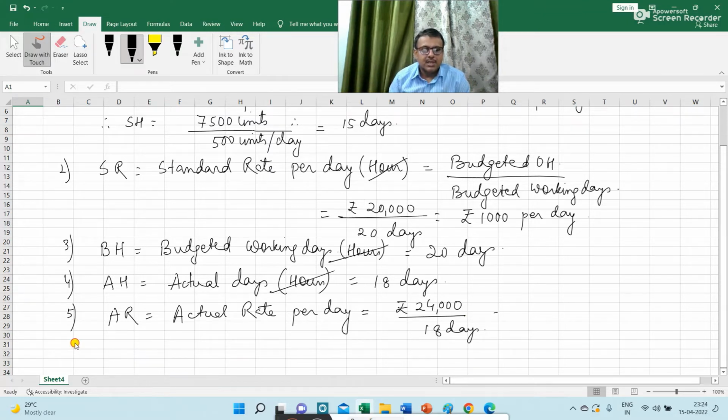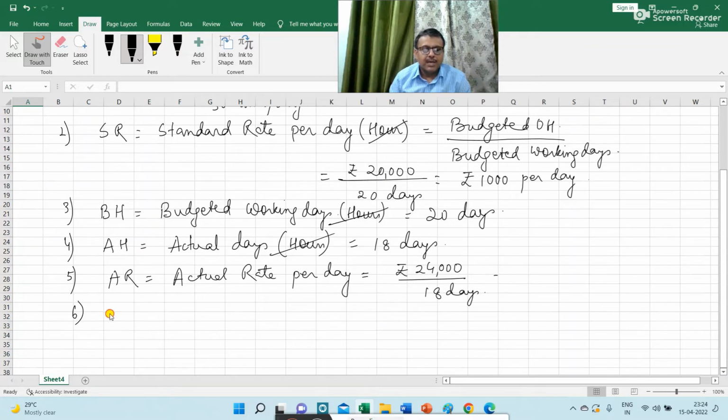Now the sixth parameter is your RBH. Generally RBH denotes revised budgeted hours for actual working days. So this is revised budgeted days.